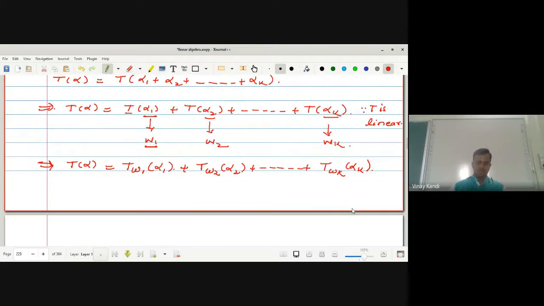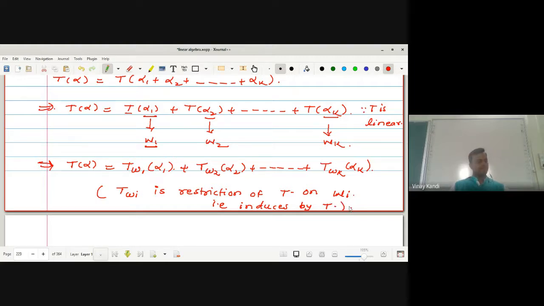No, sir. Okay, what is T of Wi? T Wi is the restriction operator on Wi. The restriction of what? The restriction of T on Wi, that is induced by this T.